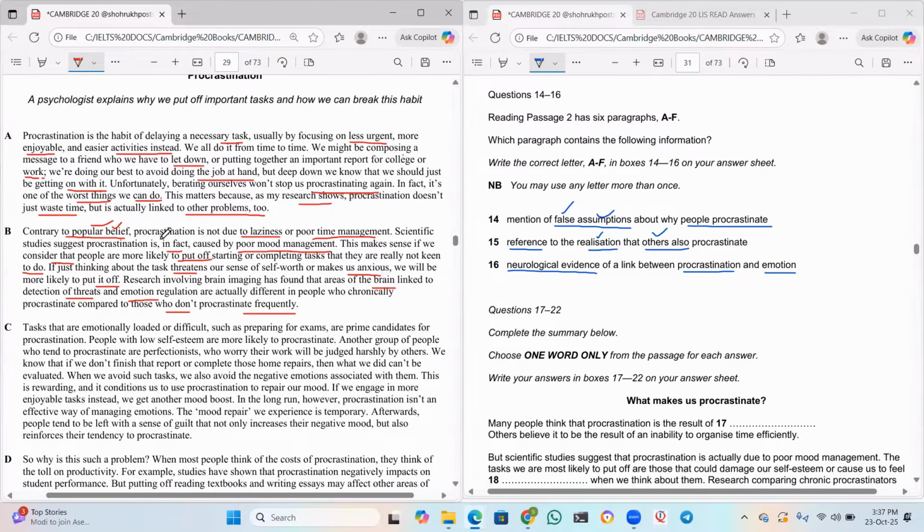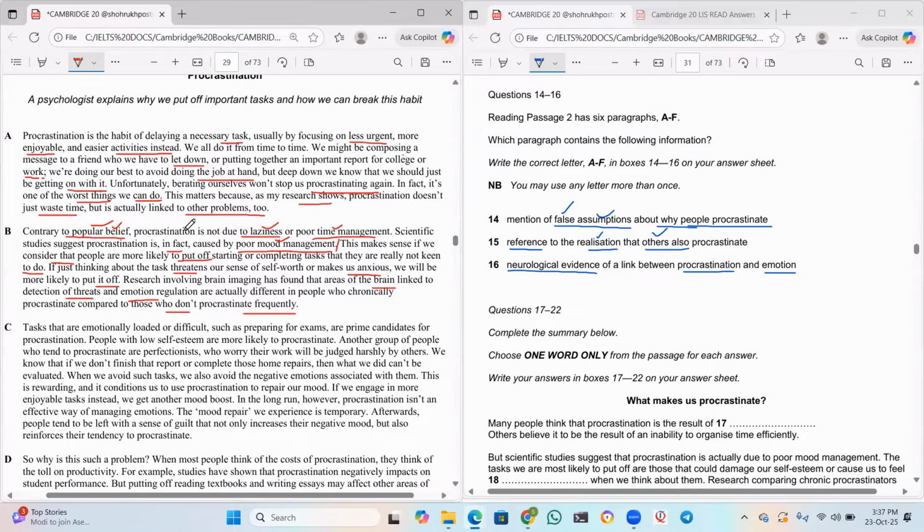Now, procrastination is not due to laziness and poor time management. It is actually due to poor mood management. That's what he wanted to say. See, mention of false assumptions about why people procrastinate. In general, everybody thinks that people procrastinate due to laziness and poor time management. No, the actual, scientific studies, in fact, say it is caused by poor mood management.